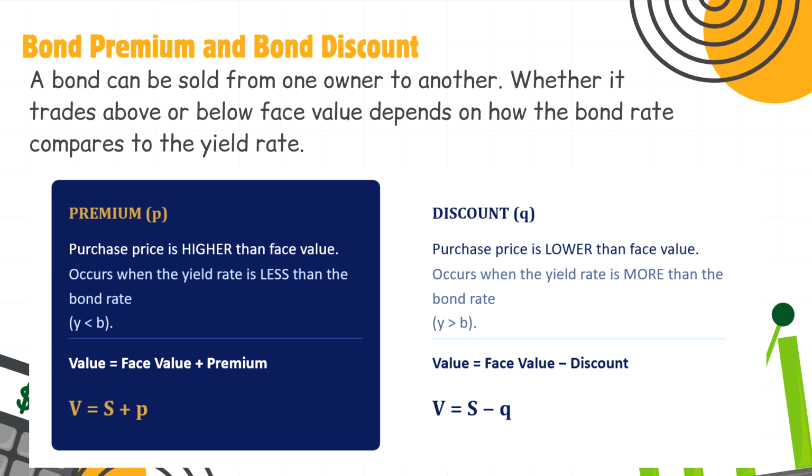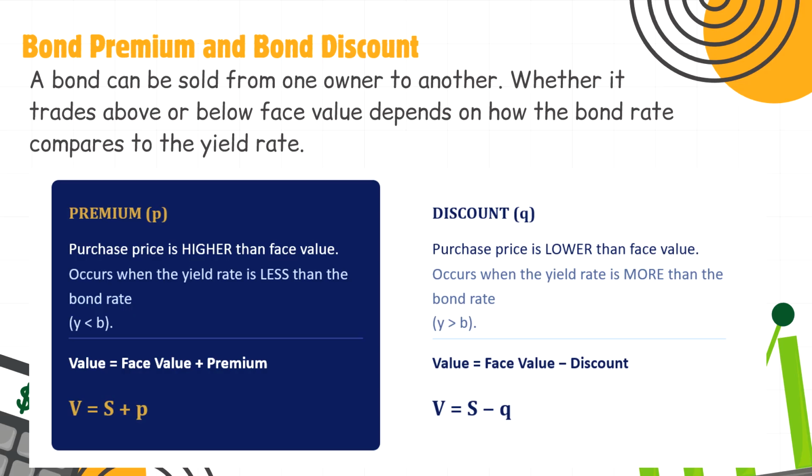Now, let's move on to our next topic, which is the bond premium and the bond discount. Bonds aren't just held until maturity. They can be bought and sold between investors. And depending on the market conditions, a bond might sell for more or less than its face value.